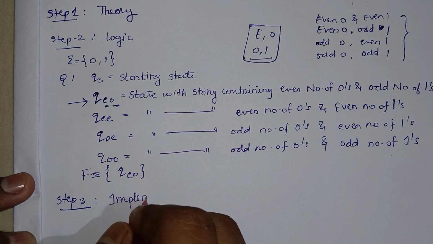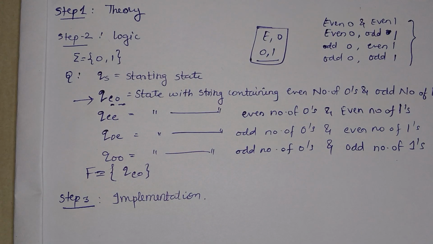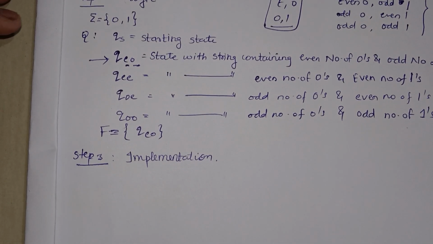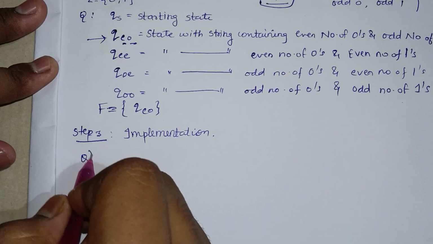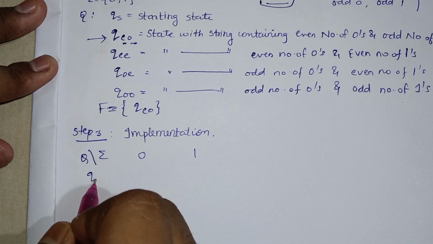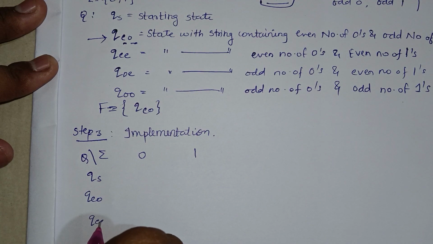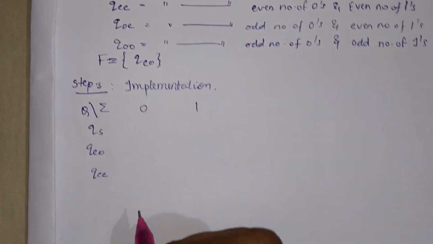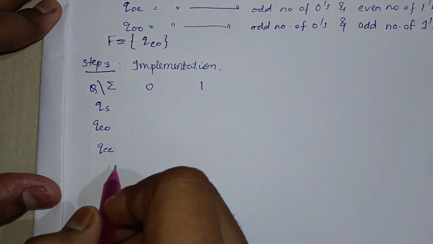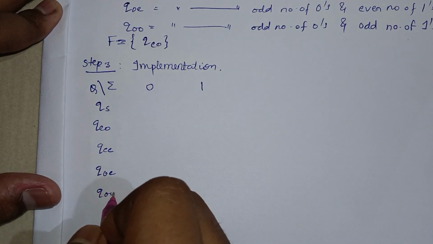Okay, now step 3, implementation. In DFA, we have to make the state function table. Two inputs, 0 and 1, rows QS, QEO, QEE, QOE, QOO.